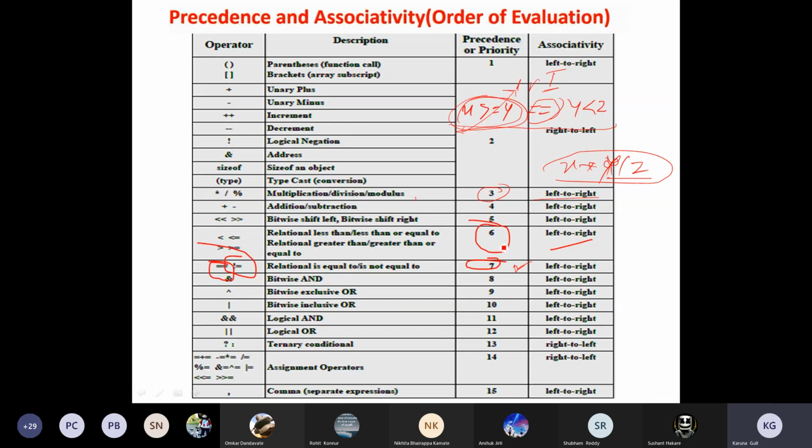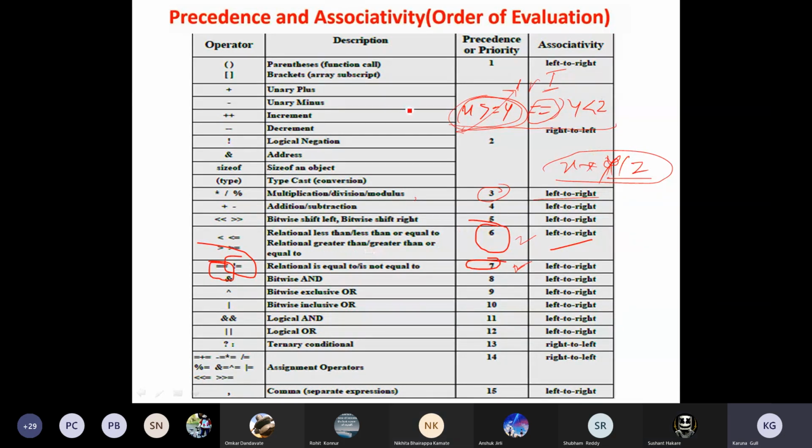What is the priority assigned for less than or equal to? 6. So if both appear in the expression, which has to be evaluated first? Less than or equal to, because the highest priority is given to it.